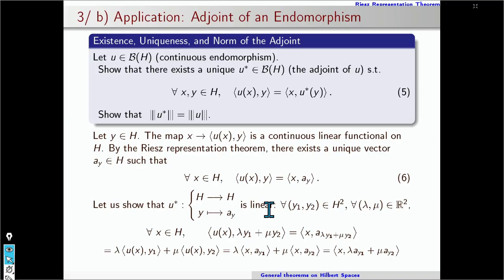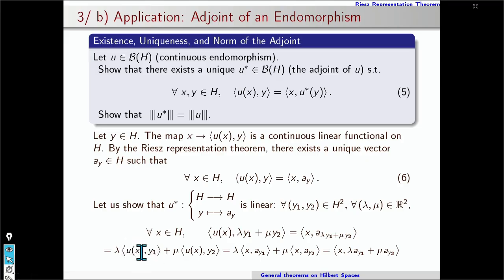Let us now show that this is linear, so we consider a linear combination here of Y1, Y2. So again, by the Riesz representation theorem, the map which to X associates this inner product can be written as inner product of A of X with this vector. Then by linearity of the inner product with respect to the second variable, it expands as follows.